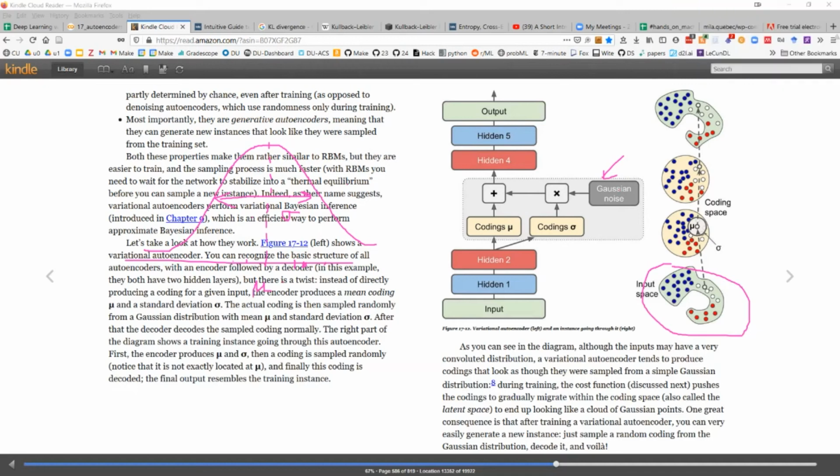No, but my question is, you seem to be implying that the noise that we provide there is what determines the coding. Mu and rho determine a Gaussian mu and a rho, right? Yes.